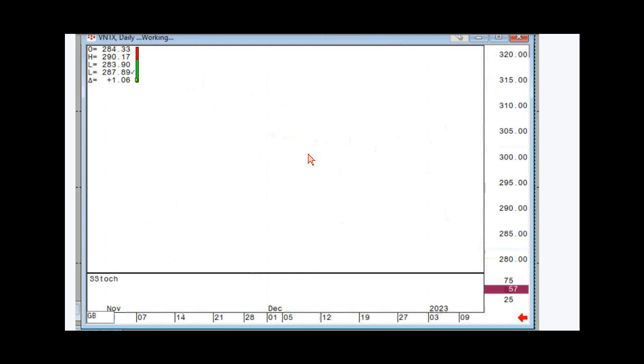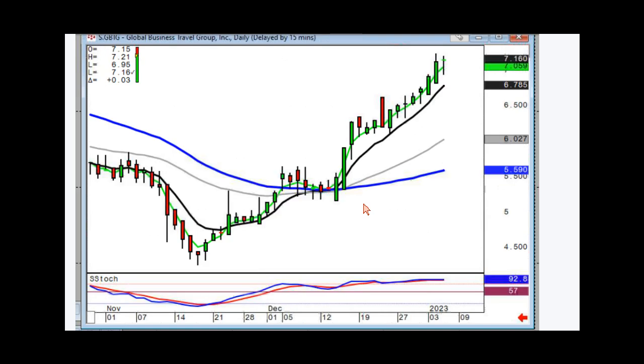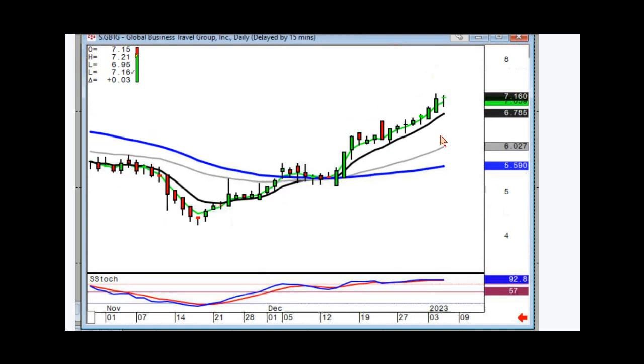So there's different elements of using the T-line. Oops. I think the 200 was right on here. Why is the 200 not over here? That's not making sense.